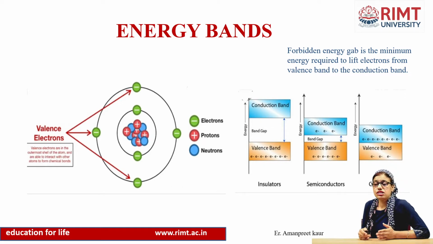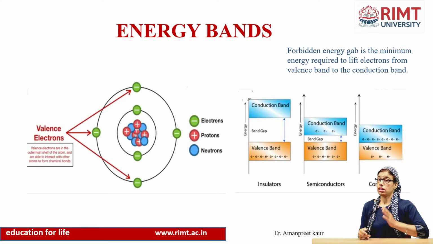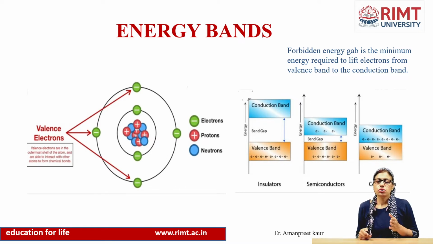Next is the energy band. Energy band is the energy possessed by the electrons of the same orbit in a solid material. There are three types of bands: the conduction band, the forbidden energy gap, which lies between the conduction band and valence band, and the valence band.